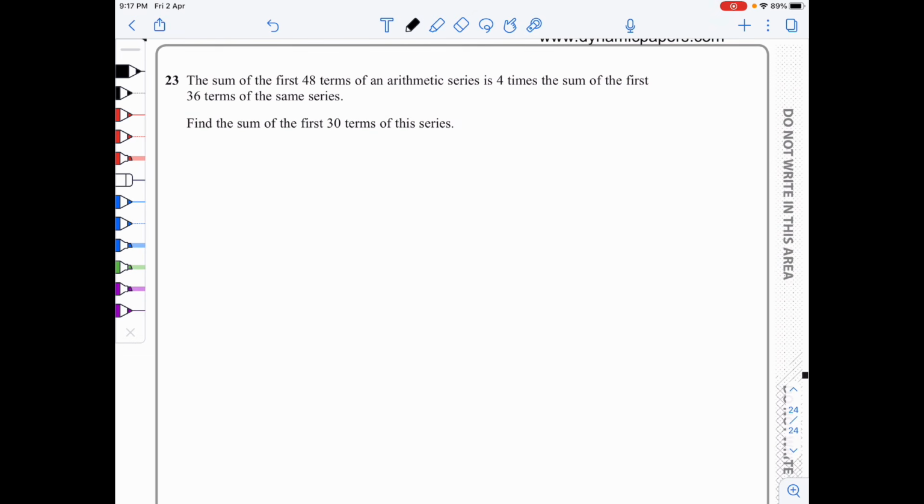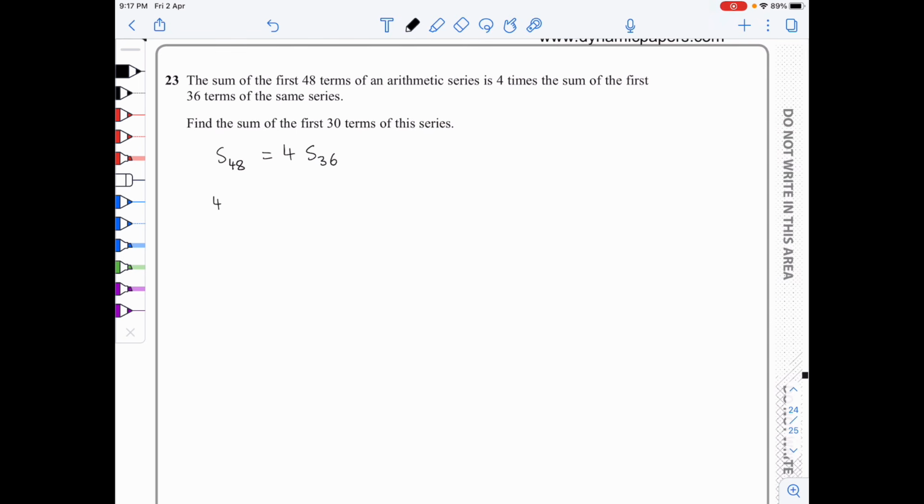In 23, the sum of the first 48 terms of an arithmetic series is 4 times the sum of the first 36 terms of the same series. We need to find the sum of the first 30 terms. So we are told that S48 is 4 times S36.